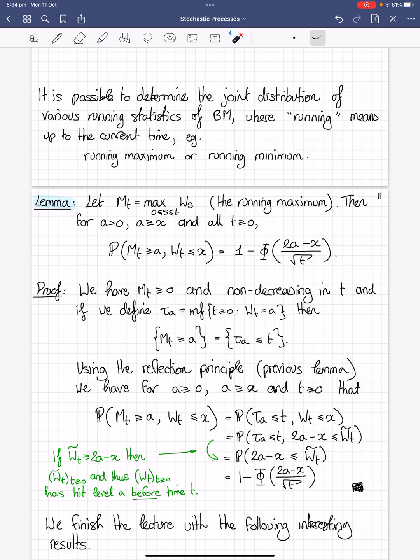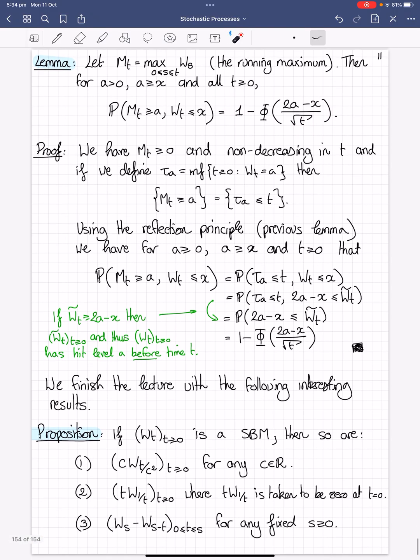And so we can write this probability in terms of 1 minus the normal CDF evaluated at (2a minus x) over the square root of t. So we basically have that this joint distribution has this explicit probability that we've determined.